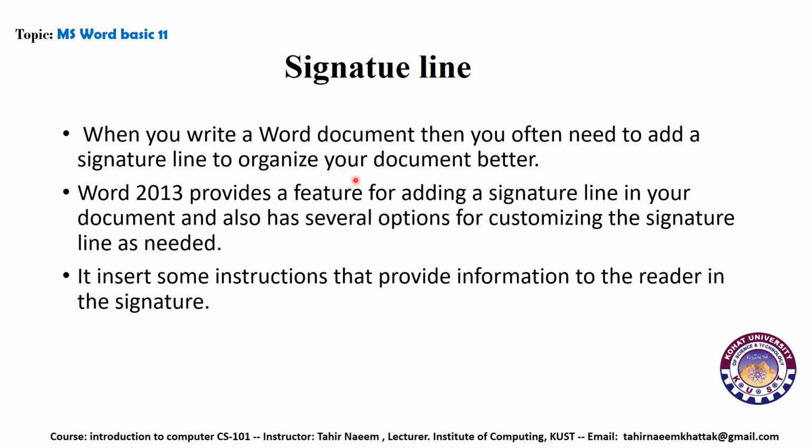So the need arises that if we want to use a signature in our virtual document, there must be an option for adding a signature. So the signature line satisfies our requirement, and there are some other instructions that provide information to the reader.